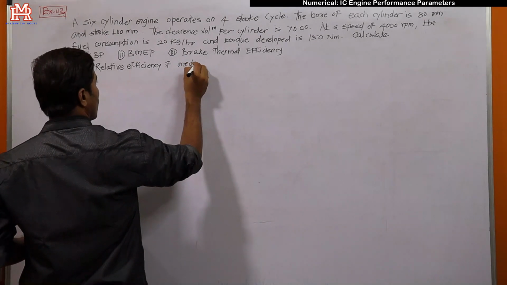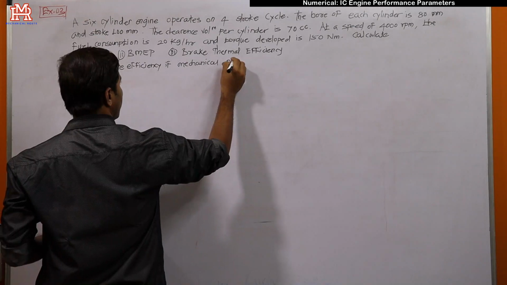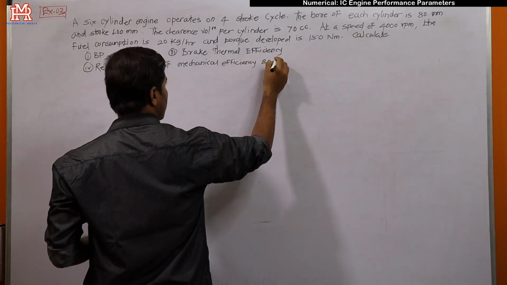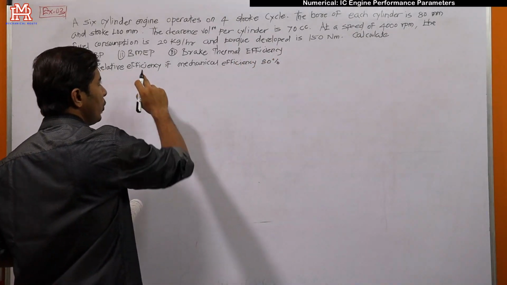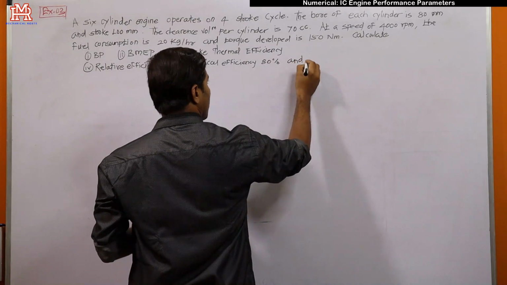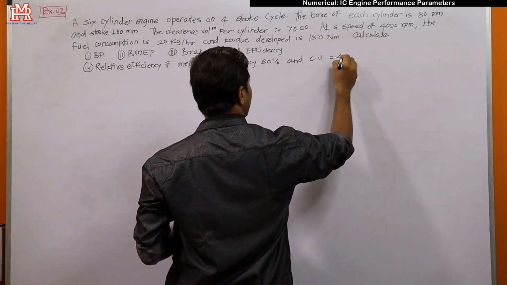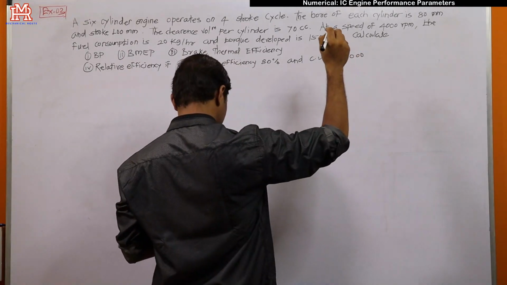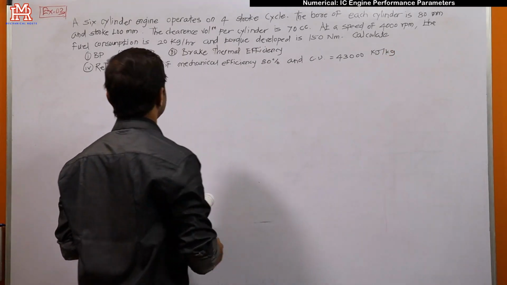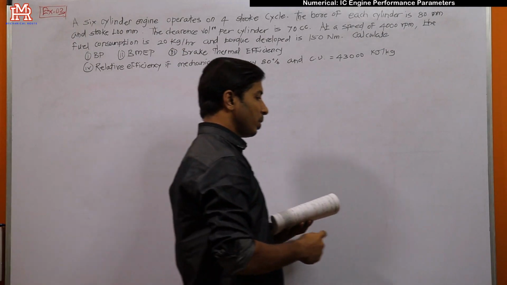Mechanical efficiency is given as 80%. Based on that you have to find out the relative efficiency, and calorific value of fuel is also given, 43,000 kilojoule per kg. So here we have to determine 4 important parameters.